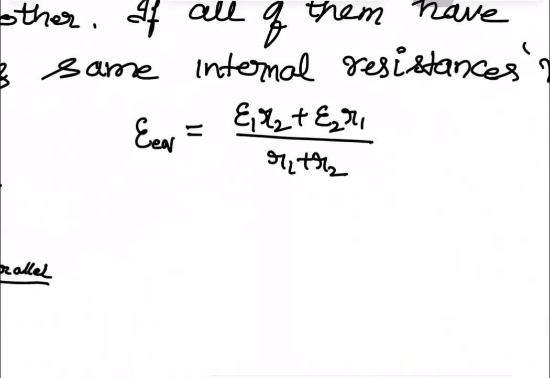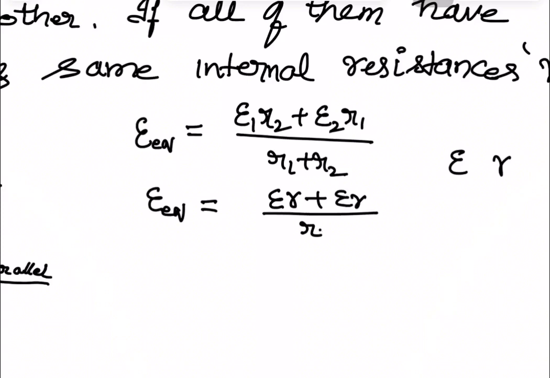Now, if both the cells have same EMF E and same internal resistance R, then this equation becomes E equivalent is equal to ER plus ER divided by R plus R. So, that becomes 2 times ER divided by 2R. Yes, cancel 2, 2 and R.